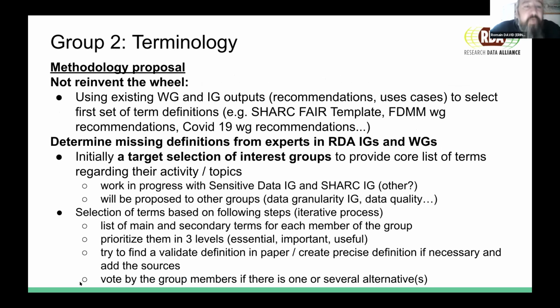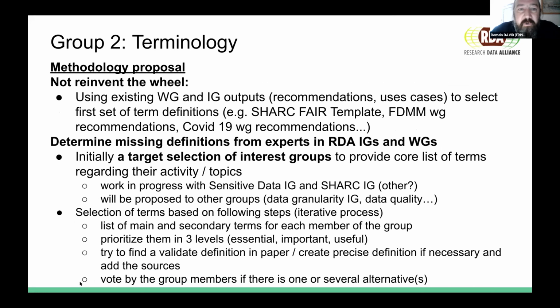So the methodology proposal is always not to reinvent the wheel, and to use existing working group and interest group outputs. In many recommendations and use cases, we have vocabulary sections. So we will compile them, and we want to select a first set of terms and definitions from these recommendations.